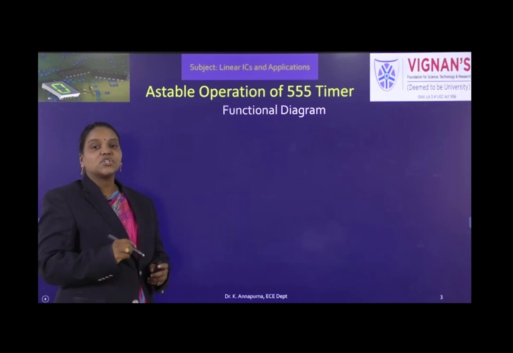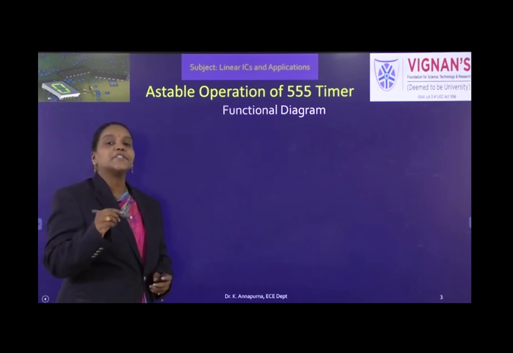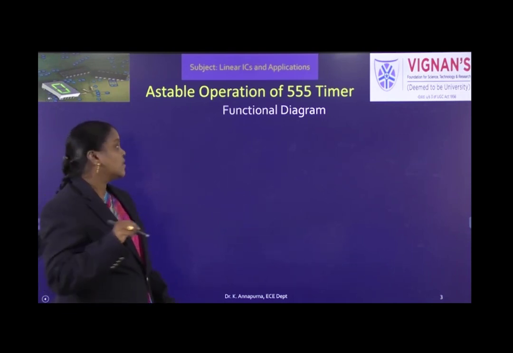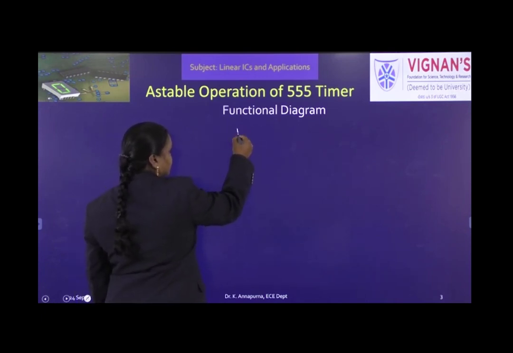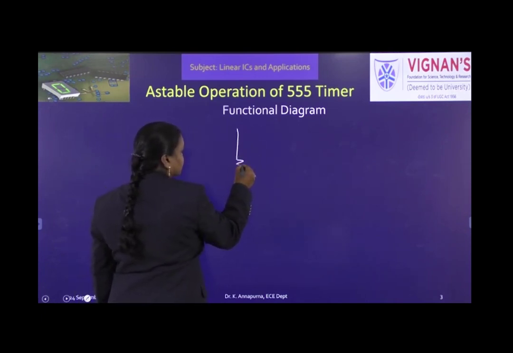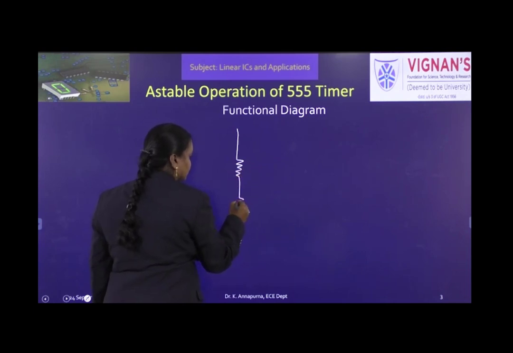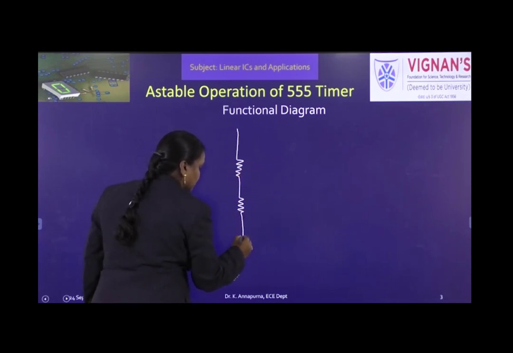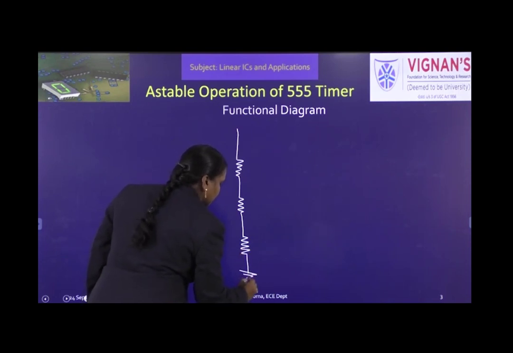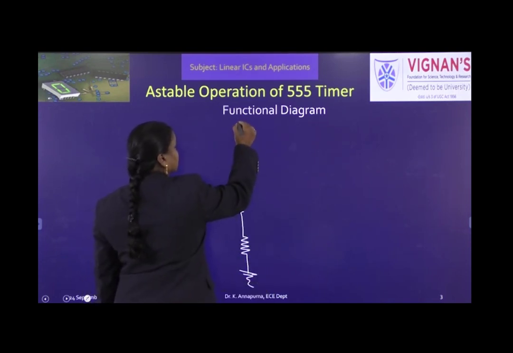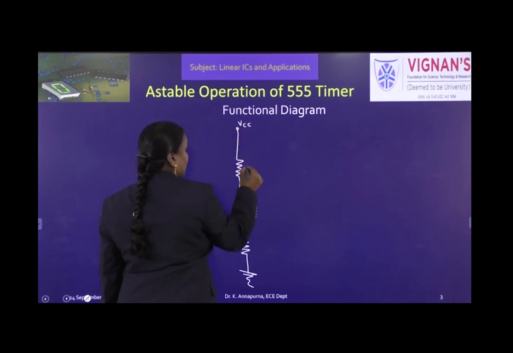And coming to the functional diagram, there is a slight difference between monostable and astable. Now let us see the functional diagram. This is VCC.